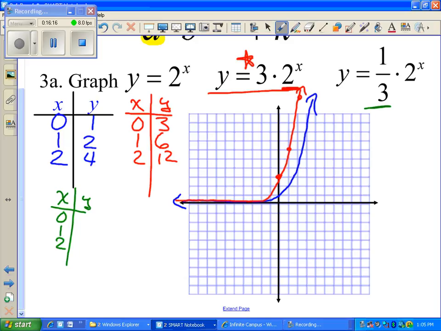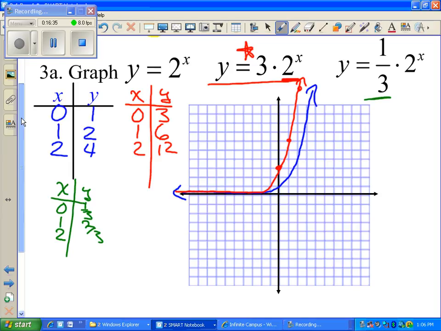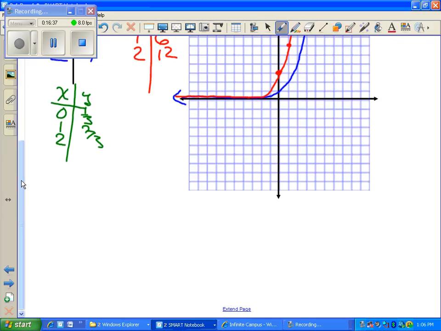But 2 to the 0 is 1. 1/3 of 1 is 1/3. When I do 2 to the first, I get 2. 1/3 of 2 is 2/3. 2 to the x is 4. 4 over 3 is 4/3.